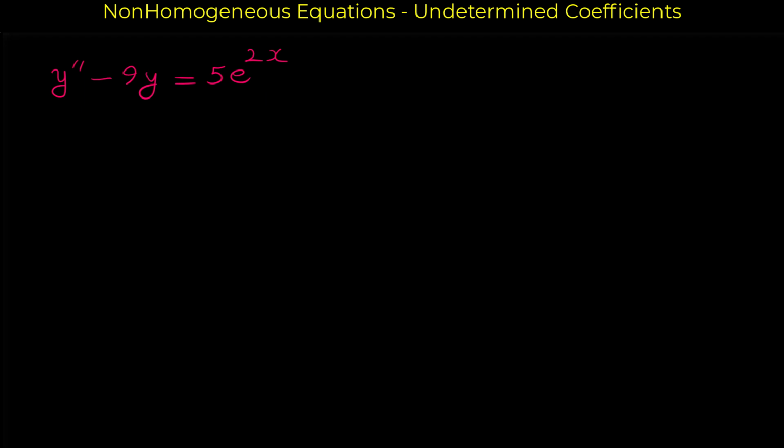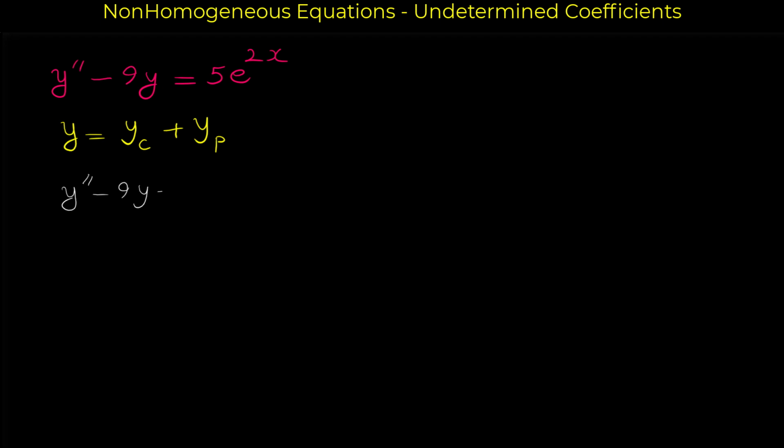First, we have to find the solution of the homogeneous differential equation. Then we can find the particular solution. Don't forget that the general solution is the sum of the complementary solution, the solution of the homogeneous part of the equation, plus the particular solution. For finding the complementary solution, first we set the differential equation equal to 0.